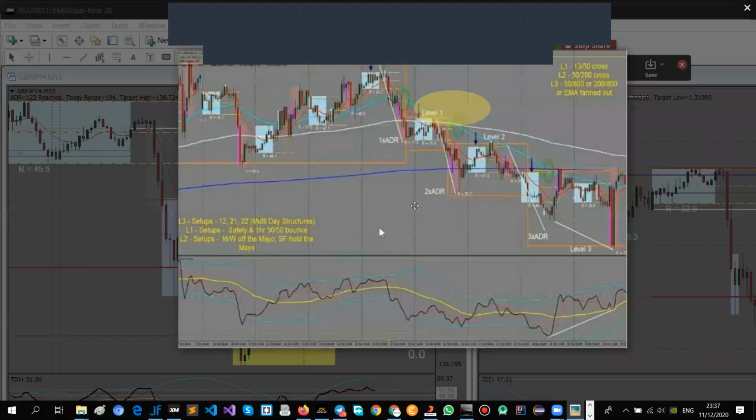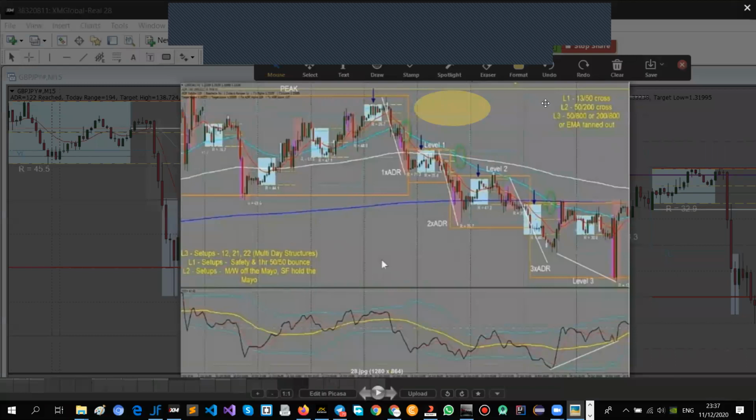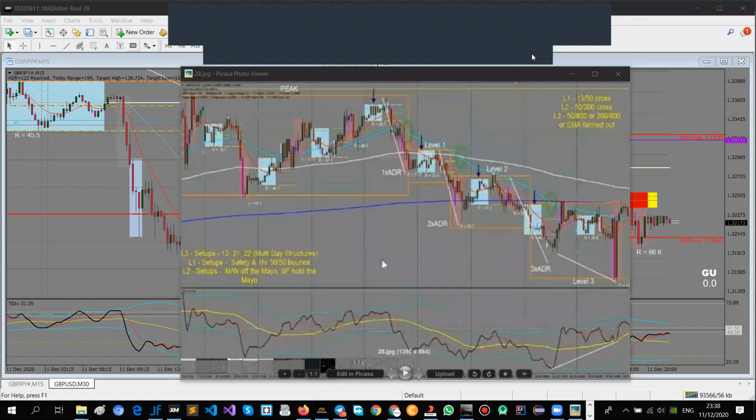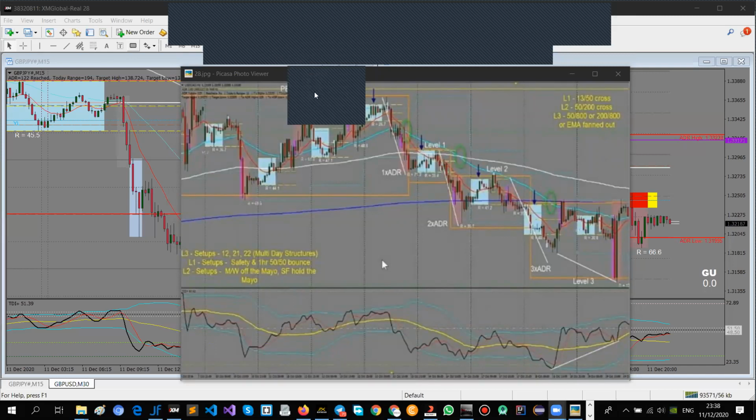So as you can see, for level 1, we have the 1350. It crosses level 2, 5200 level 3, with the 800, 200, and the standing out of the EMAs and all that.